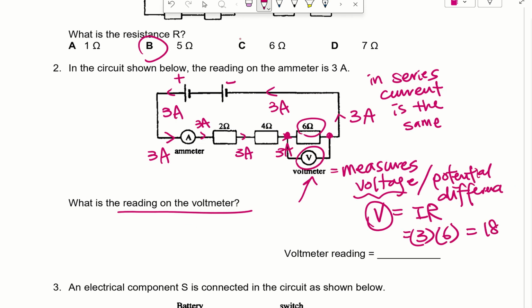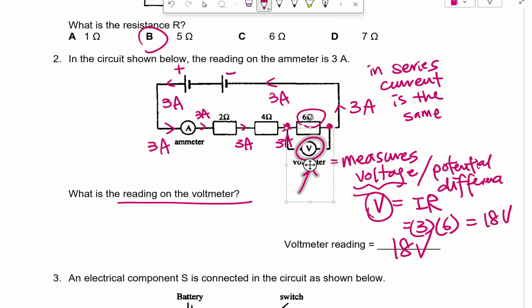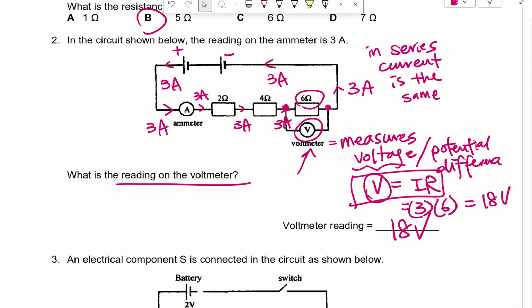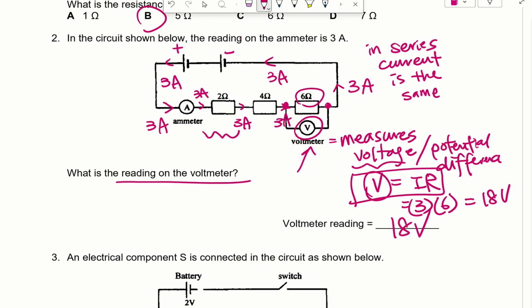Therefore, the voltage will be 18 volts. Okay? So you need to know this formula V equals IR, and you need to know the current and the resistance. If I were to extend this question a bit, what is the voltage across the 2 ohm resistor? The current is 3, the resistance is 2, so it will be 6 volts.